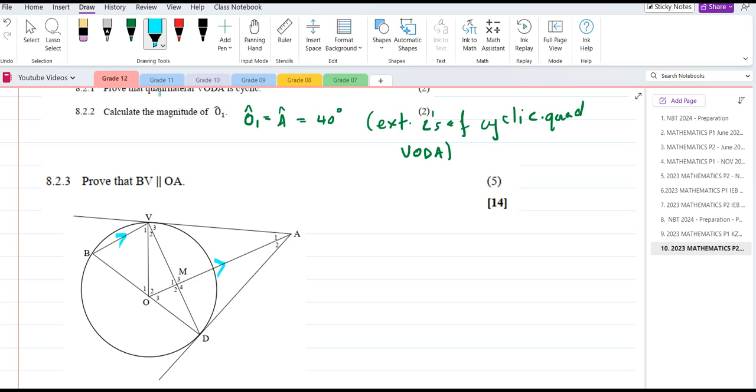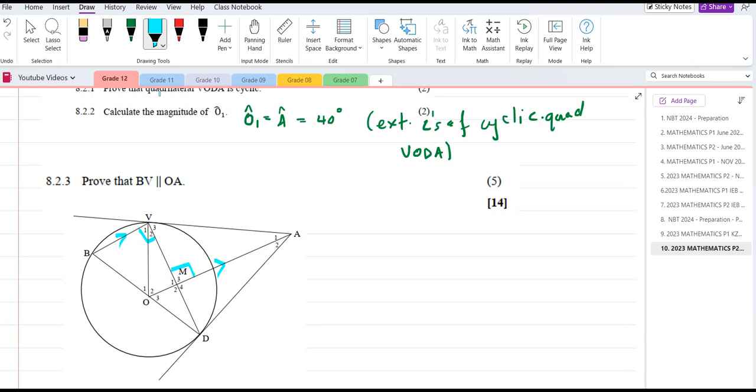Right, so is it parallel? So we can get 90, 90, okay? So we got angle V1, V2 to be 90, all right? And maybe we can get angle M3 to be 90 as well.